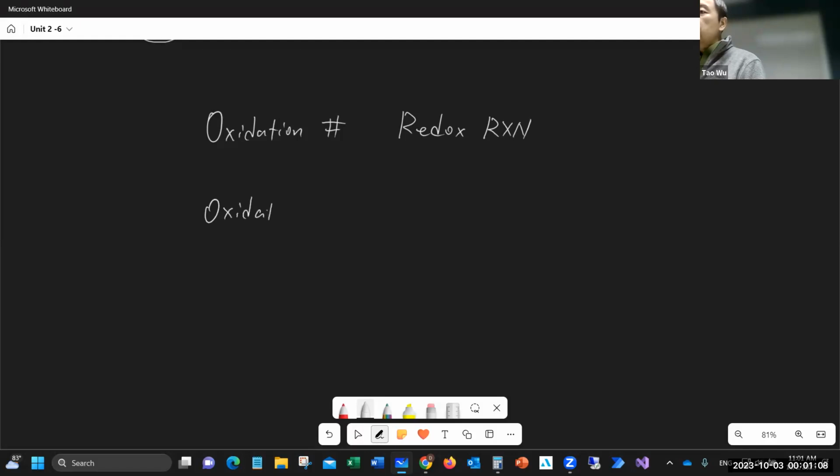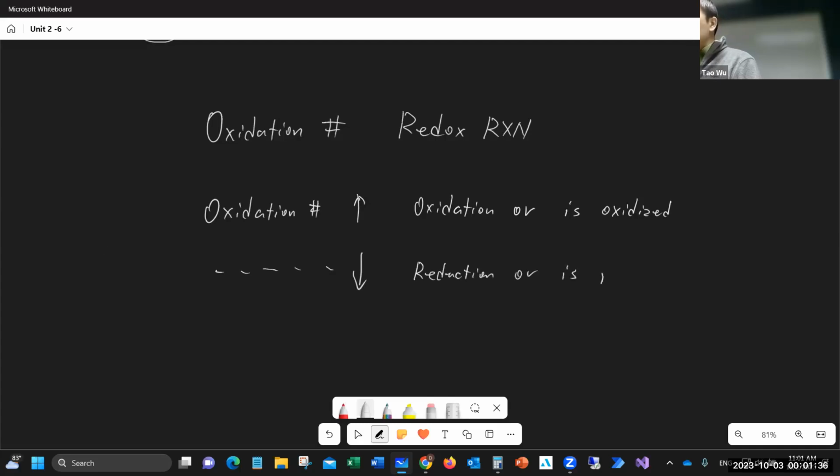With the oxidation number, if the oxidation number increases, then that's oxidation, or something is oxidized. If the oxidation number decreases, that means this is a reduction, or something is reduced.